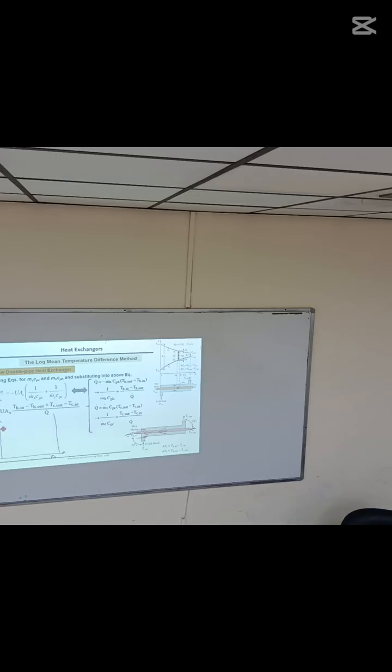So the hot fluid is entering from here at THI, but the cold fluid is entering from the other side at TCI, at some low temperature. For parallel flow, both hot and cold fluid were entering from the same side. Now the hot fluid is entering from here and the cold fluid from there. So the hot fluid temperature will drop to THO, and the cold fluid temperature will increase up to TCO, because now this is counterflow.